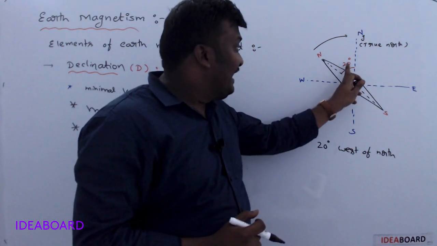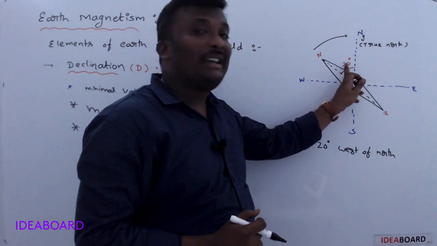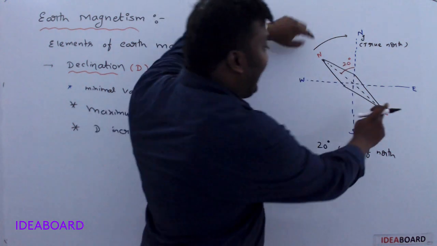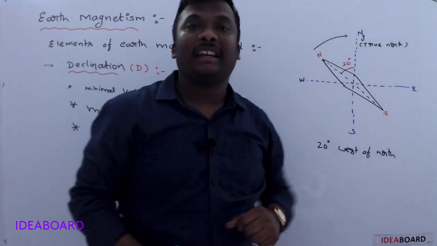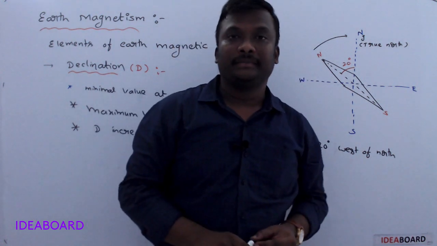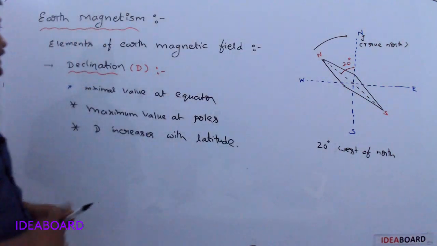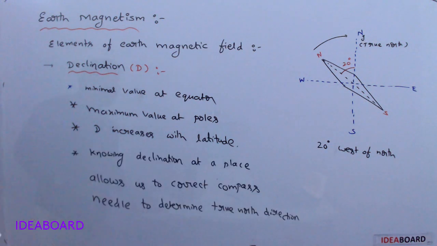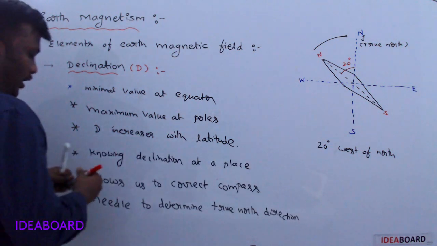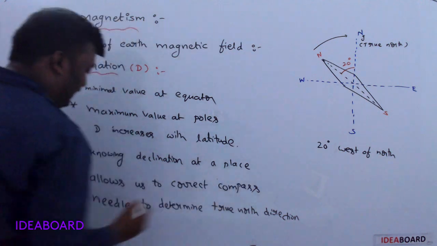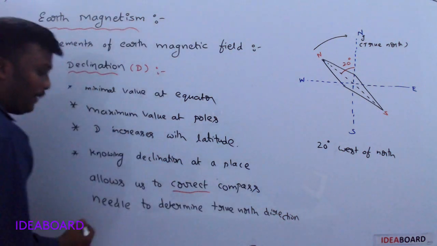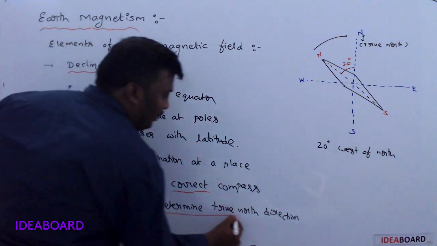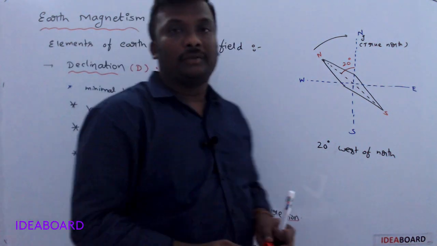So the declination angle allows us to correct the compass needle to determine the direction of the true north. Clear? So this is about declination.